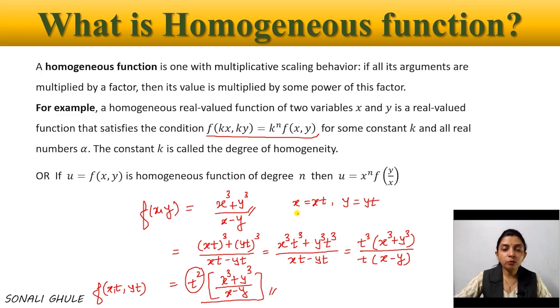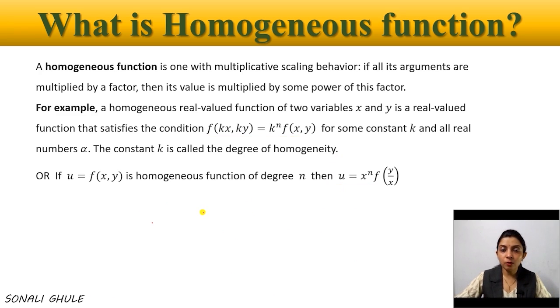Now to check whether this given function is homogeneous or not, we can use this alternative method also. If we can represent a function in this format, then also we can say it is a homogeneous function. See how we can show that.